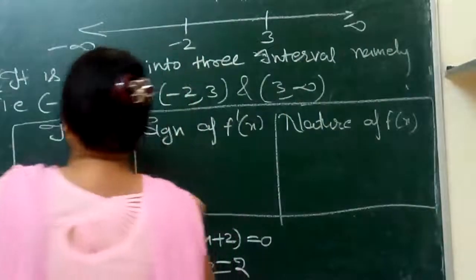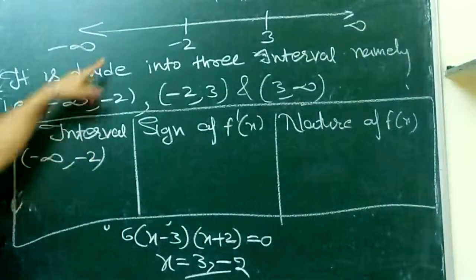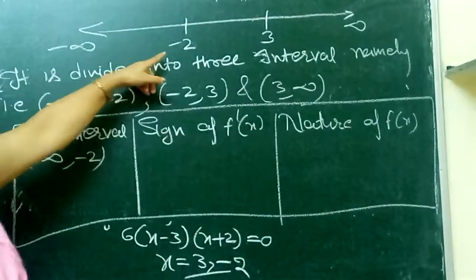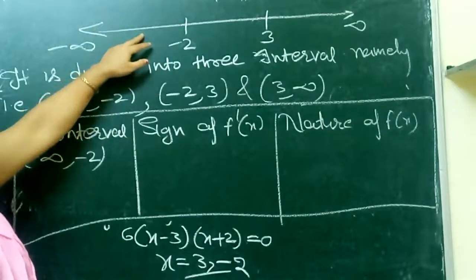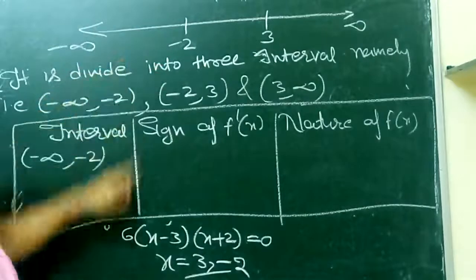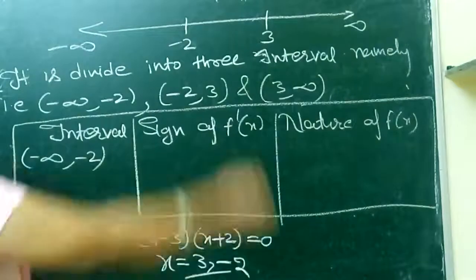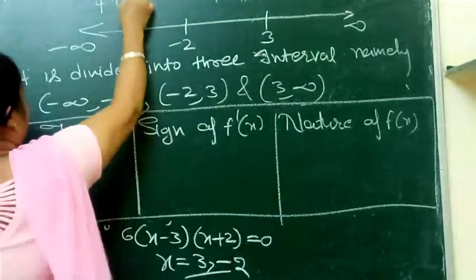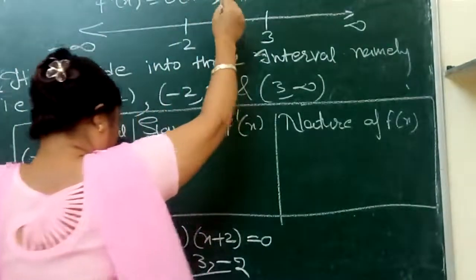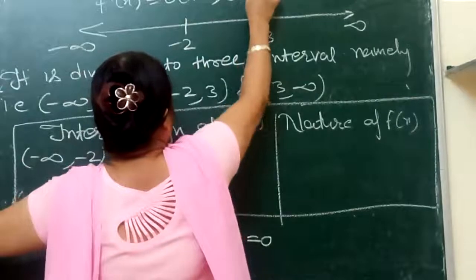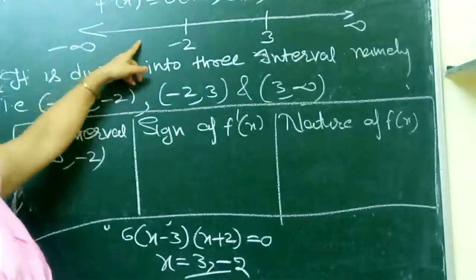Now, what is the first interval? That is minus infinity to minus 2. In this interval, you can put any value like minus 3, minus 4. If you are putting minus 3, you will put this value in f dash x. So what is f dash x? F dash x was 6 into x minus 3 into x plus 2. Means we are putting x as minus 3.